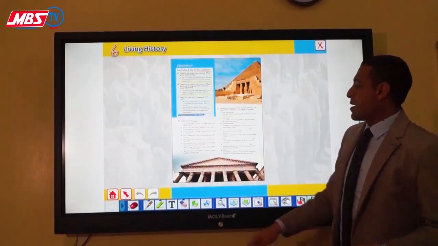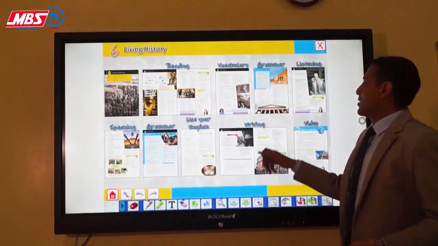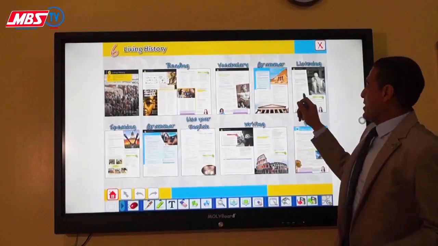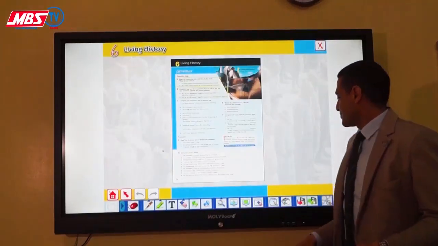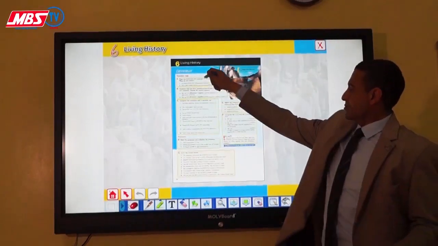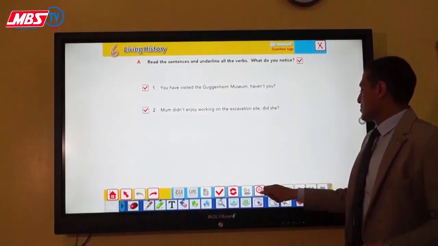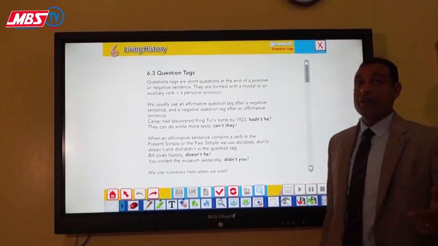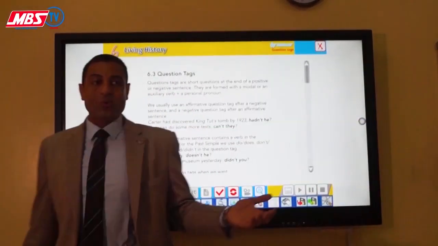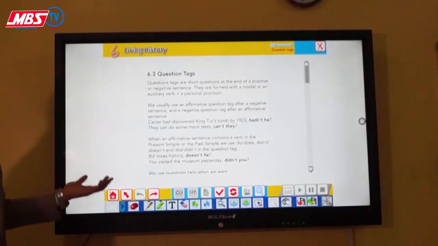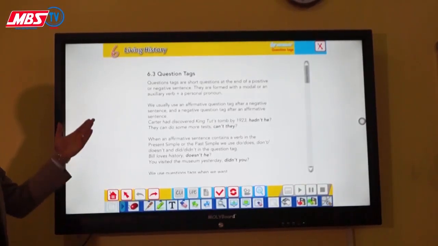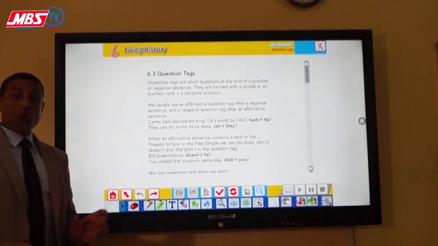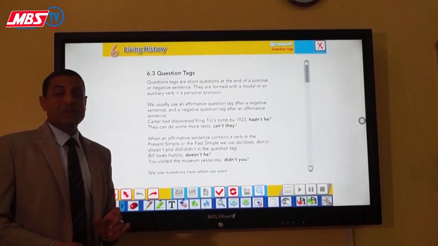Now, completing the grammar, we have something else that you must study in this unit: question tags. Something which is very easy for you, and I trust you much for this one. Question tags are short question forms.